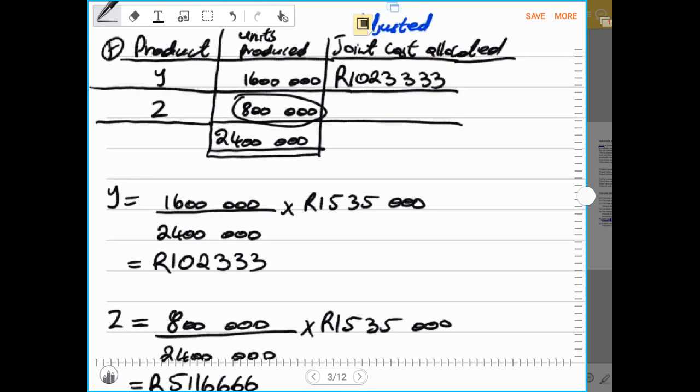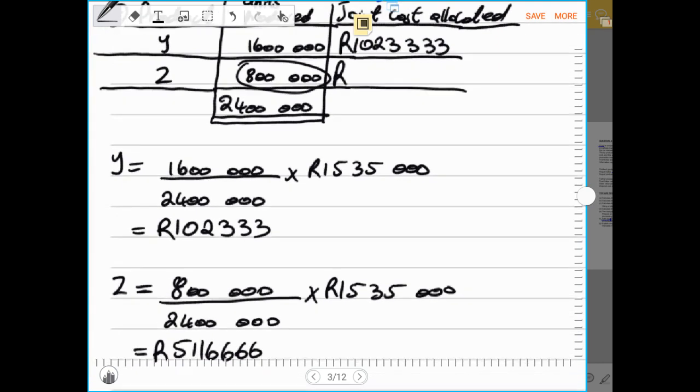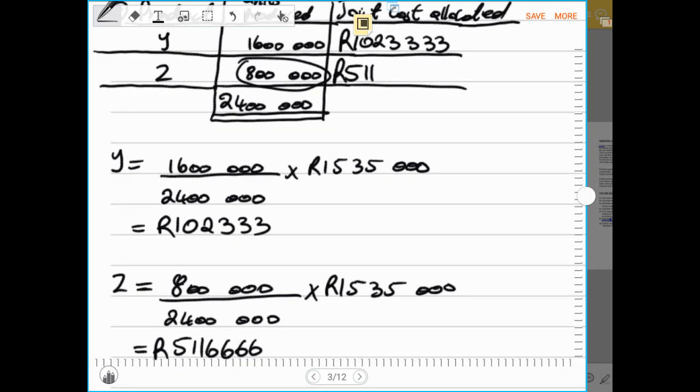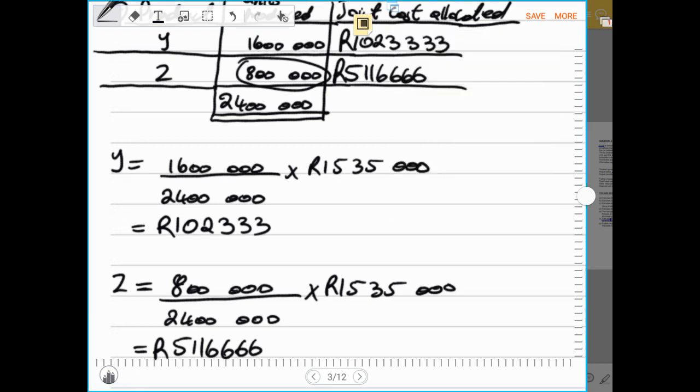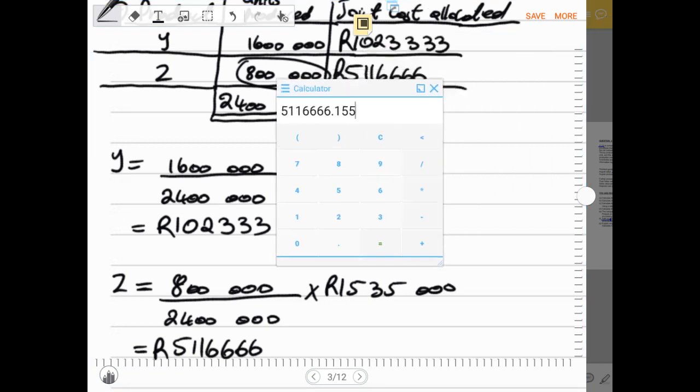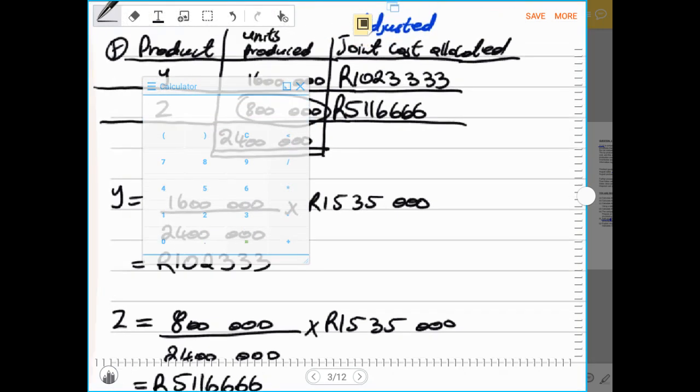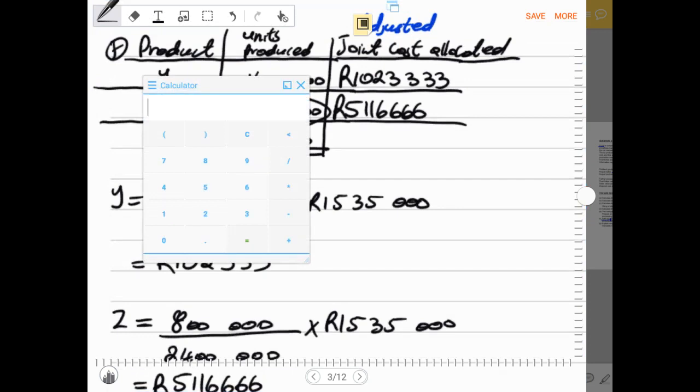Then after that will be the allocation of the joint cost using the physical method. This will be the total of the joint cost that would have been allocated to product Y and Z. Then we just have to add the two, 1,023,333 plus 511,666, and this gives us 1,534,999.